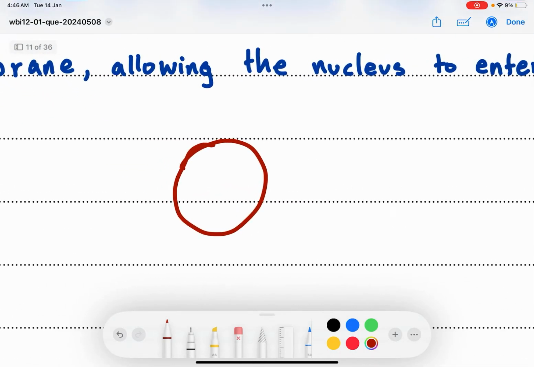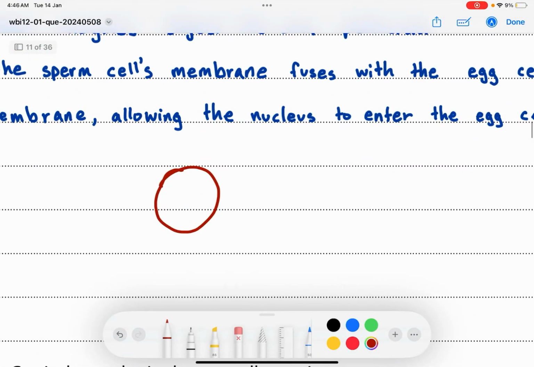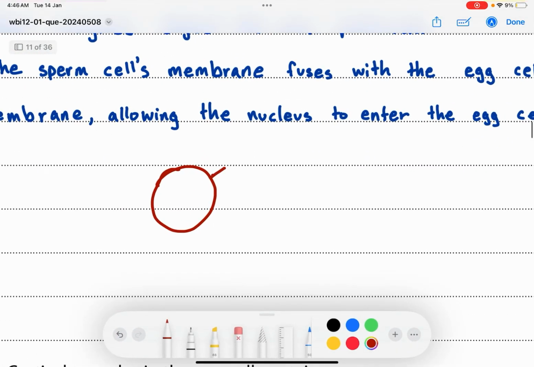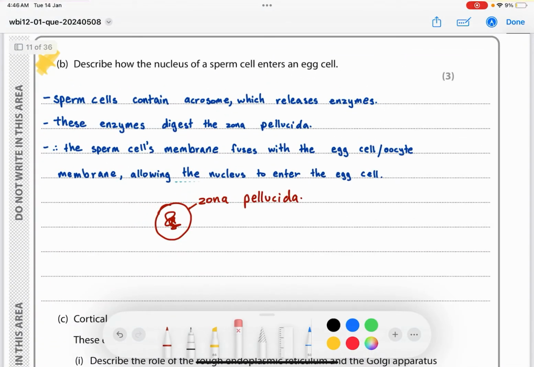Here we have the oocyte, the egg cell. This here is the egg cell membrane, which we're going to call the zona pellucida. And inside here we have the nucleus and everything. We need to remember that.